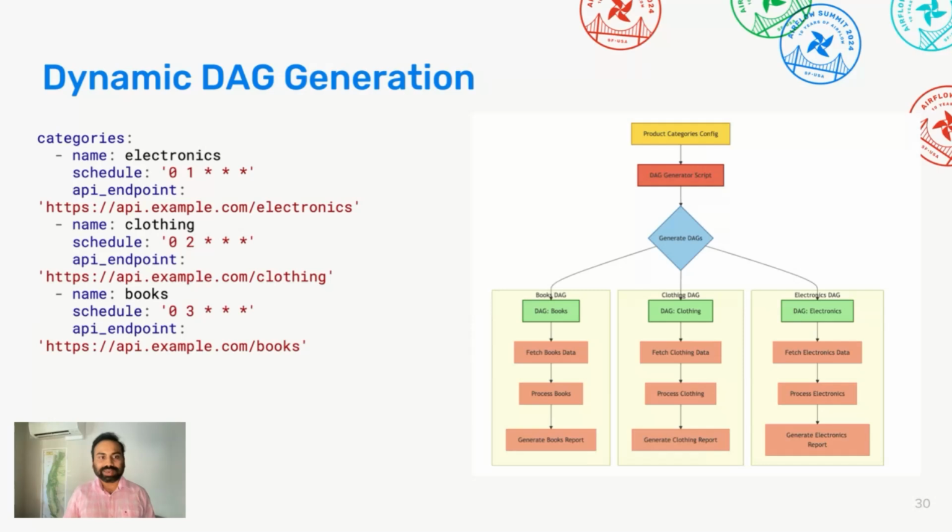Essentially, we have the same DAG, and we want to run a different schedule with slightly different parameters. So in this case, dynamic DAG generation is a good use case, where we can have a config, a script, and a template to dynamically generate DAGs for the different use cases.